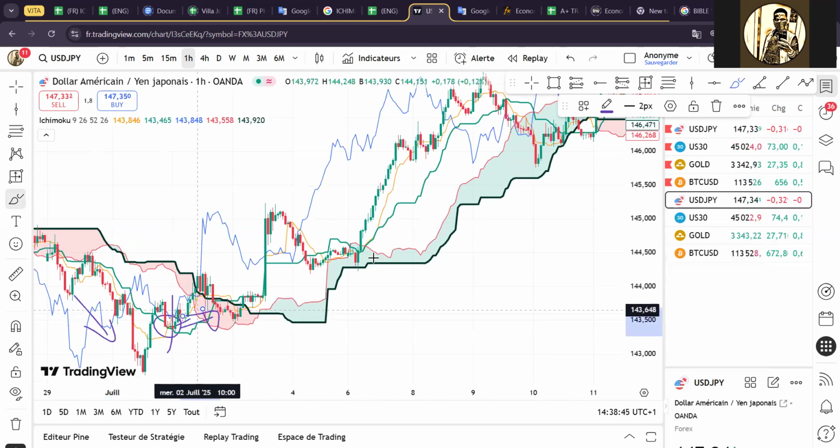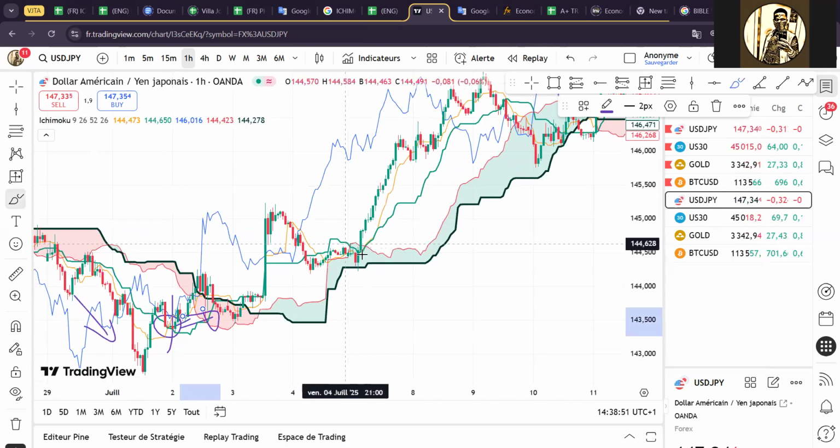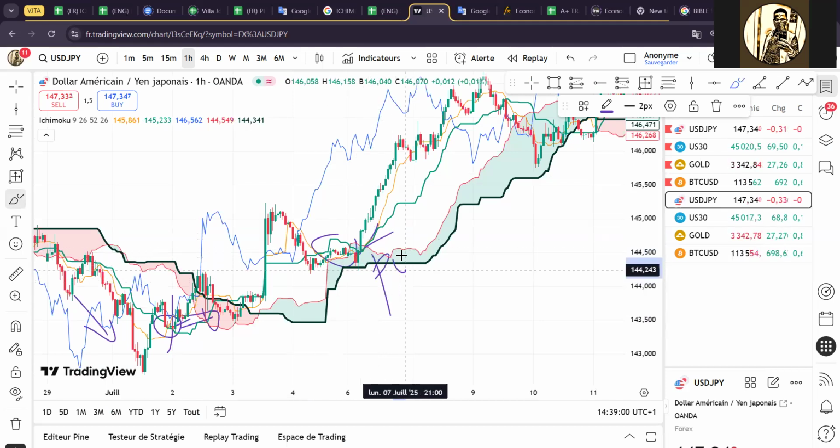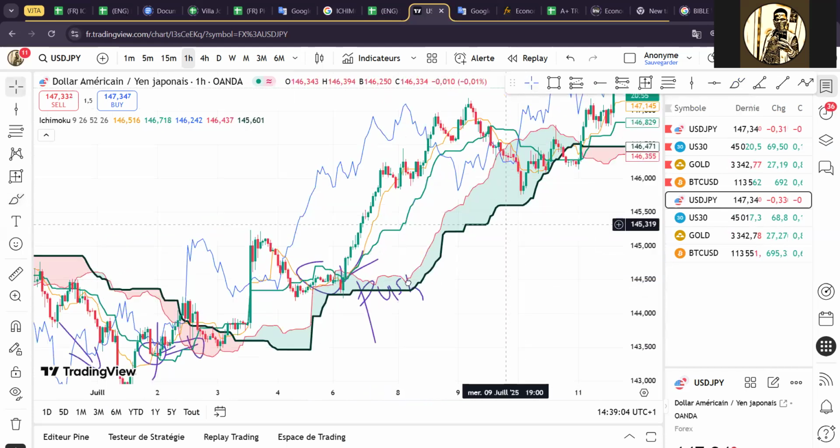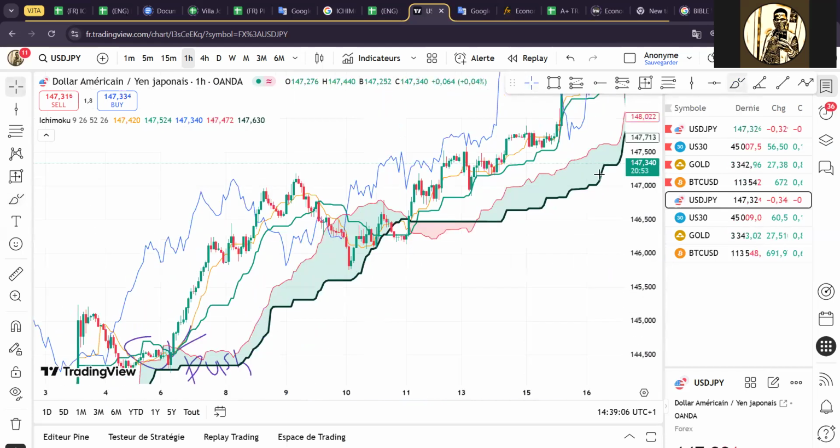Each time TK makes a new cross above the cloud after a correction like this, it is a push because we push the volume further up, for it to go further to the upside. This one is also a push, right?